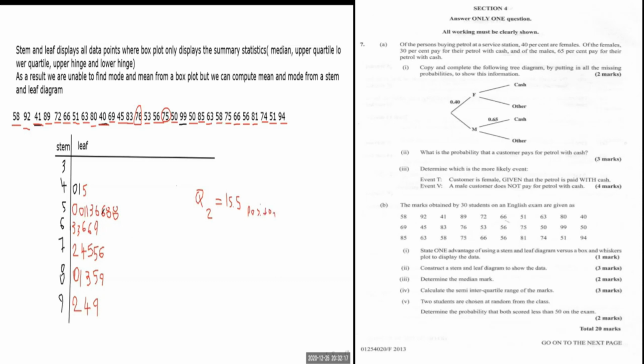Let's go there. 1, 2, 3, 4, 5, 6, 7, 8, 9, 10, 11, 12, 13, 14, 15. So the median is in between here. So the median Q2 is equal to 66. That's the median. That is, the median is 66.